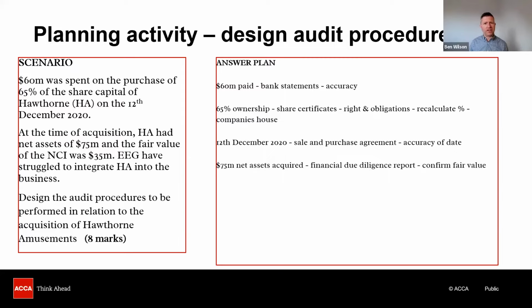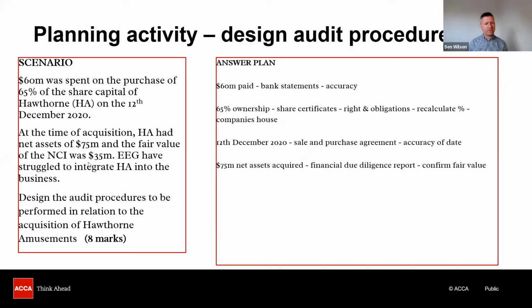It's part of the transaction documentation. You have to have it done. An independent assurance provider will go through the financials of the business that you're acquiring. And so we can verify that there were 75 million net assets acquired based on this independent financial due diligence report, to confirm that fair value of 75 million.